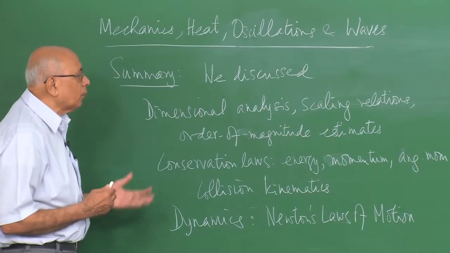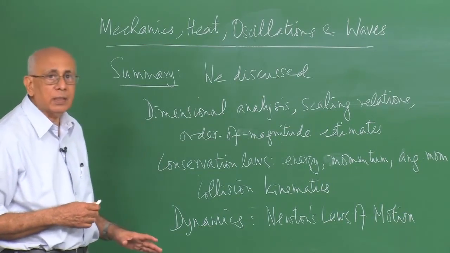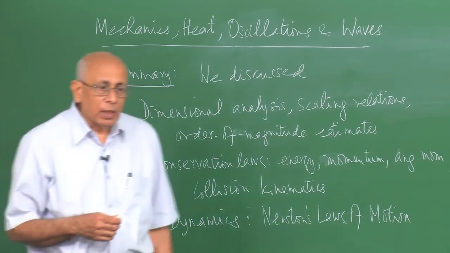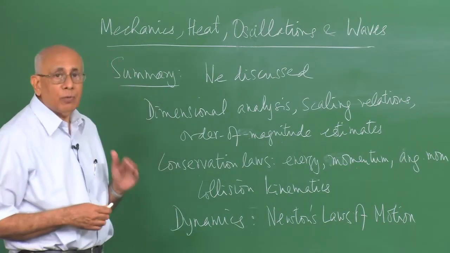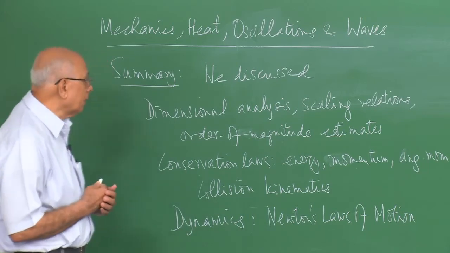It is a very powerful tool. It has its limitations, but as a first order or zeroth order guess of what the answer is, it often gives us surprisingly powerful answers for questions which appear to be very difficult a priori.